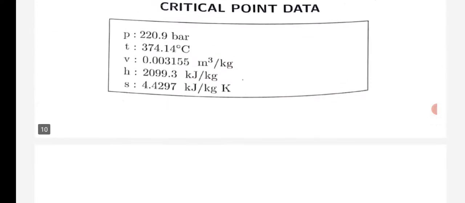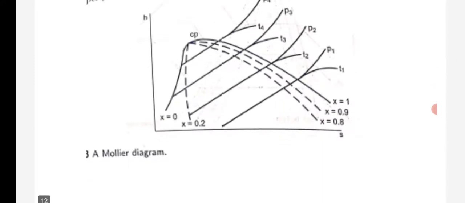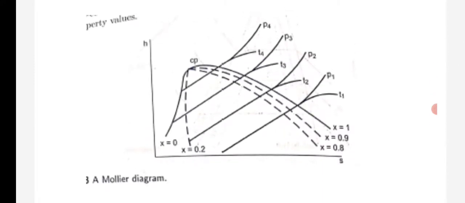Now we'll discuss two important points, the critical point and the triple point of water. You can see this is an extract of a Mollier diagram. Again, this is an enthalpy entropy diagram. The y-axis is enthalpy and the x-axis is entropy. You can see the line to the left, x is equal to 0.